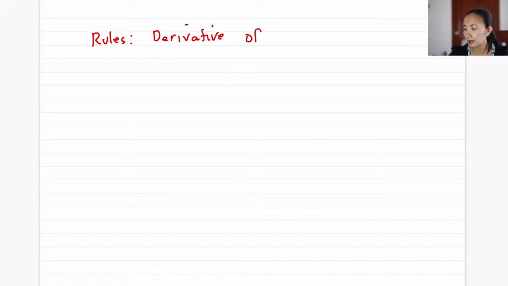Okay, so for rule number 1, rules na tayo. Nasa lens na to, in-upload ko na. Derivative of a constant is 0. Derivative of a constant is 0.